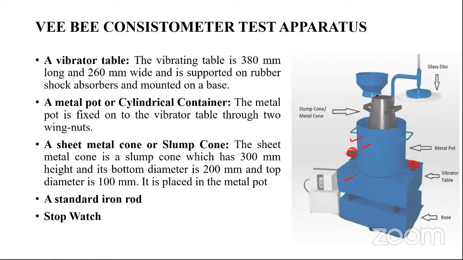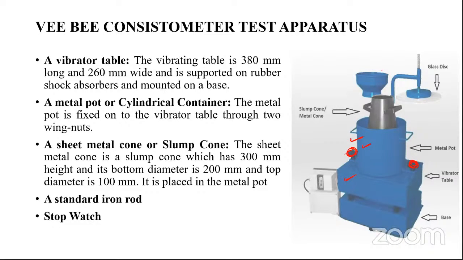Now, over this slump cone, we will provide an equipment just like this for filling the concrete in this slump cone. Yes, Harish, correct. Now, we will fill the concrete in this slump cone in 3 layers, and each layer is subjected to 25 strokes with the help of a tamping rod.